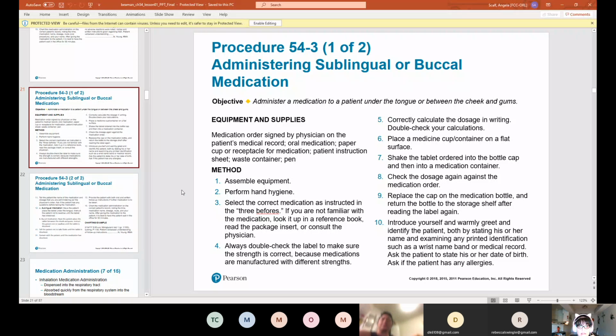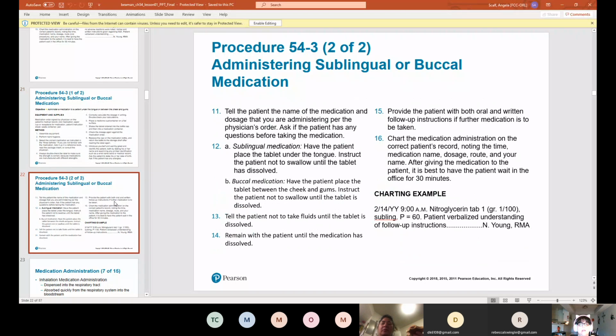You don't have to write exact sentences. And then charting examples. On 2/14, the year, 9 a.m., nitroglycerin tab, 1 gram, that's 1/100, subling, that was given sublingually. So she gave 1 gram of nitroglycerin under the tongue.